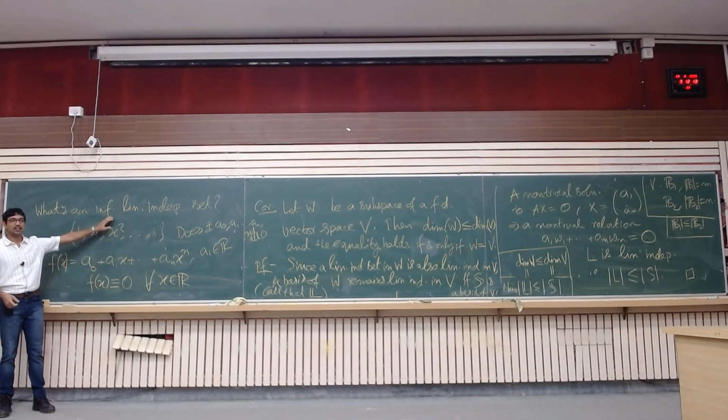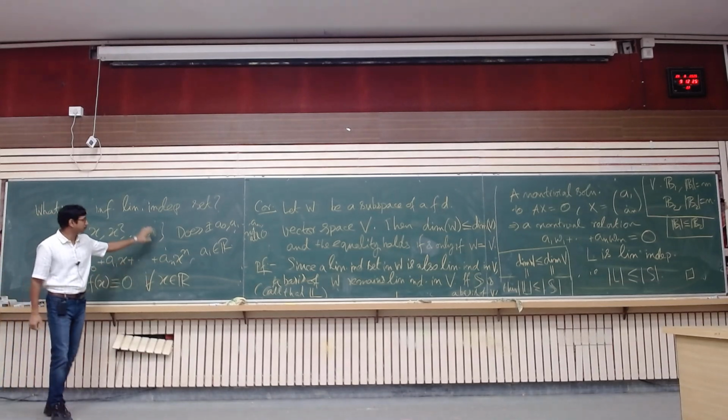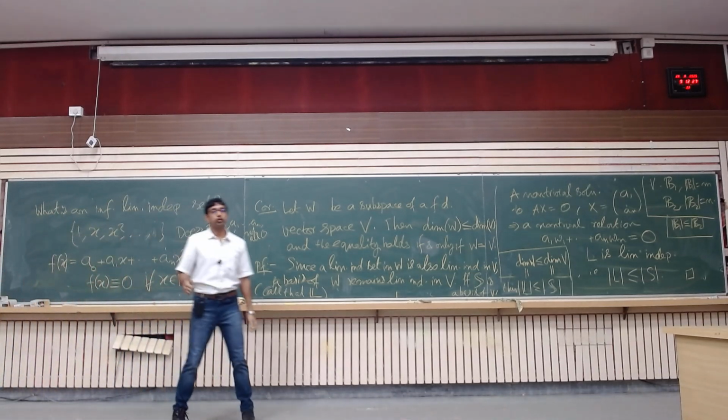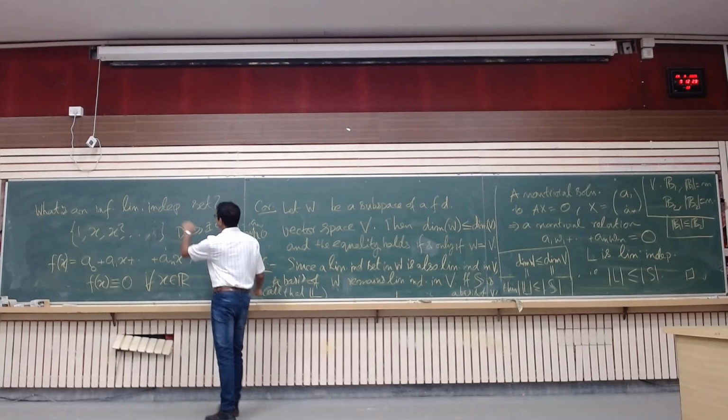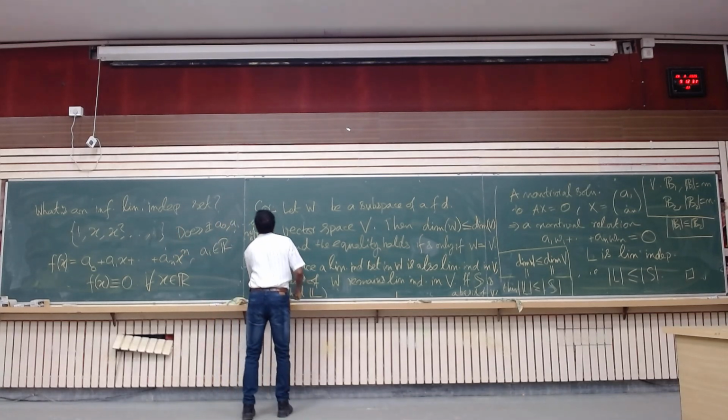We defined it in the last class. Does anybody recall the definition? Very good, Snowmi. Any finite subset of this, if you take it, should be linearly independent. So what is an infinite linearly independent set?